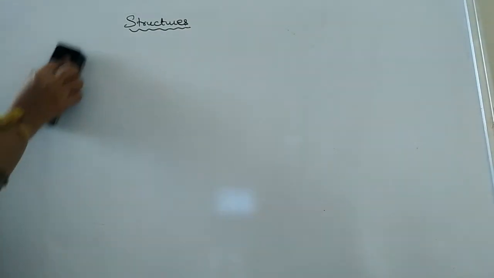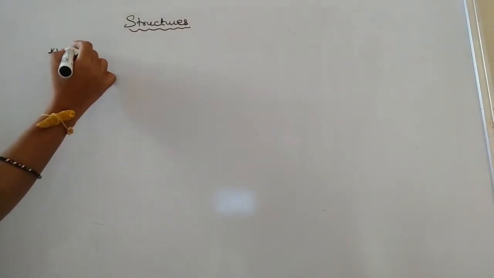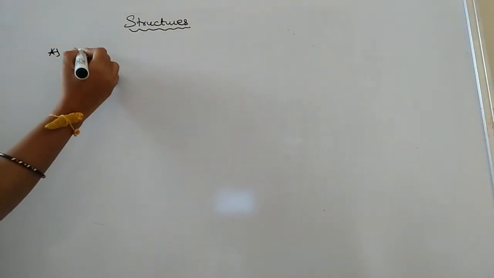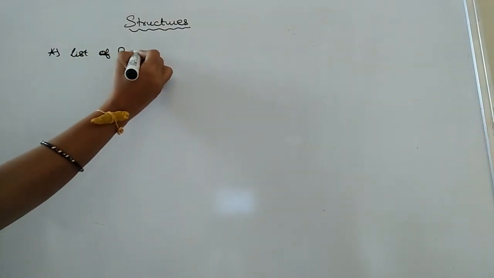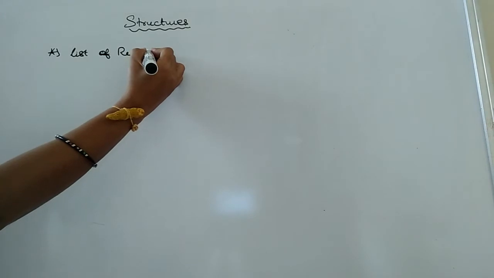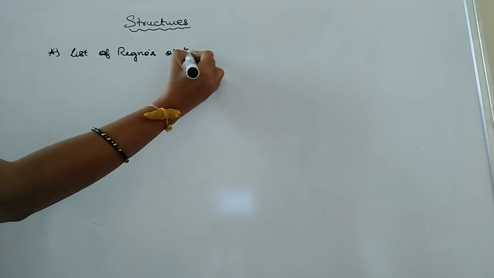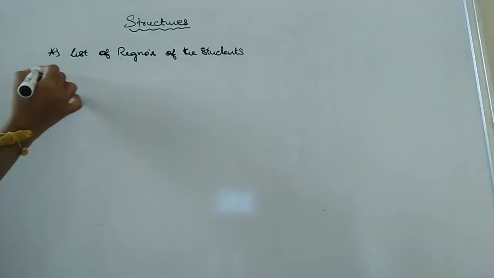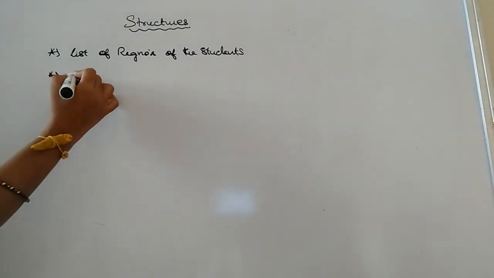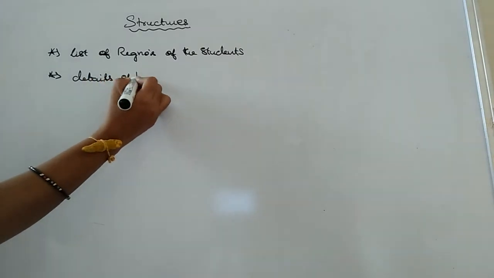For example, consider a list of register numbers of the students, and then details of the student.